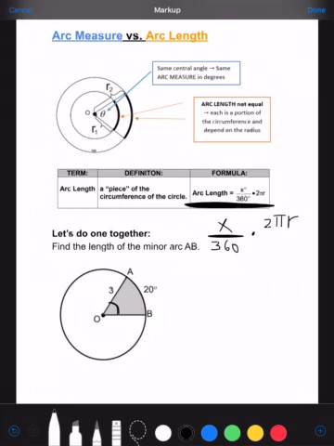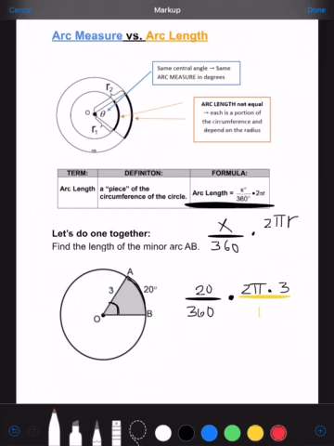So the portion of this arc is 20 of the 360, and this is the portion of the whole circumference, and the whole circumference is 2 times pi times r, which is 3. Remember that this is the same thing as over 1.